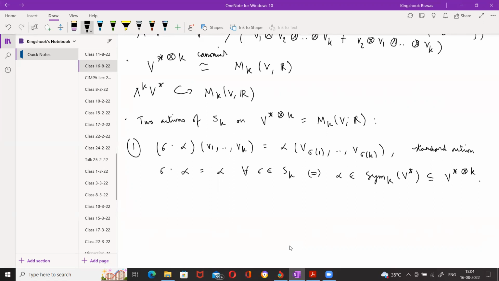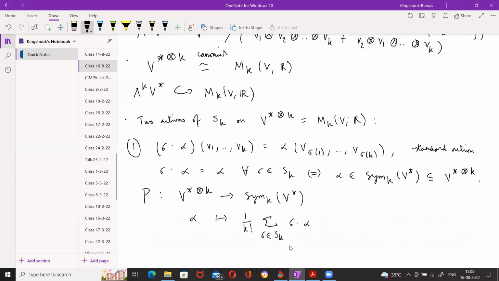Just average it out, right? So you can have a projection map P from V star tensor k to Sym^k V star, where alpha goes to 1 over k factorial times the sum over sigma in S_k of sigma dot alpha.